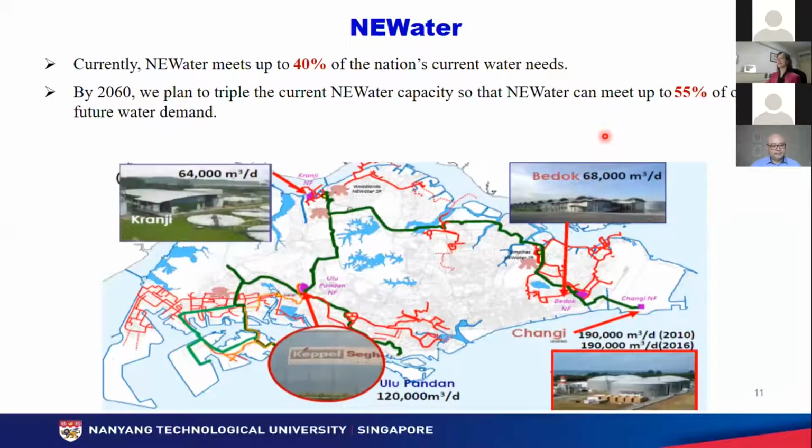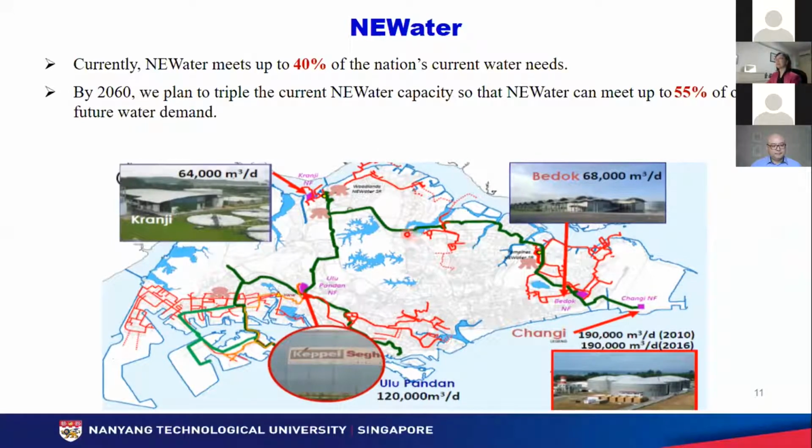Now we're talking about desalinated water, seawater desalination. We use advanced membrane technology for seawater desalination. Before we talk about the desalination, let me explain the NEWater capacity. NEWater currently can meet up to 40% of Singapore's current water demand.